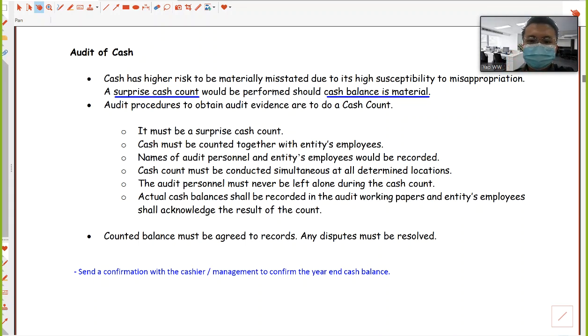Okay, for example, one of the audit clients, in the audit firm that I was working at previously, they were operating branches of self-service laundrette shops, so the customer can go and put money inside the machine, convert it into coins, and use the coins to wash their clothes. There are dryers, washing machines, and so on.